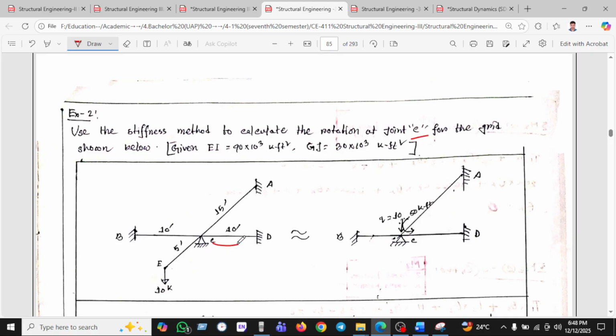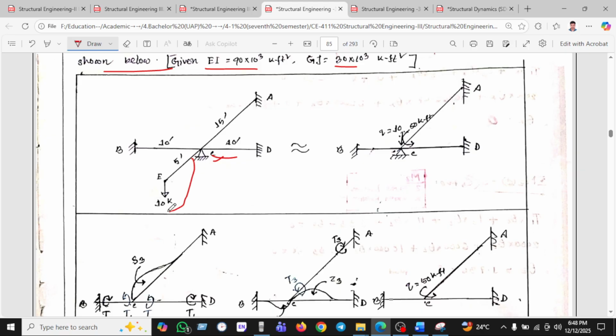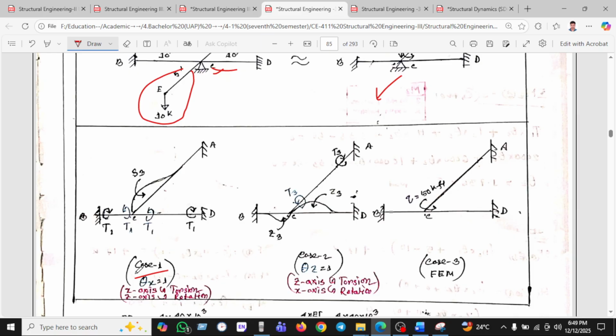This is the point C, and for the grid shown, EI is given, and JG is given. As these are cantilevers, we are just putting the value 5 into 10, this is 50. The applied bending moment is here. After putting the value, we are taking case 1, which is theta x, that means x direction will be torsion and z direction will be rotation, and theta z, that means z direction will be torsion and x direction will be rotation, and this is the fixed end moment.